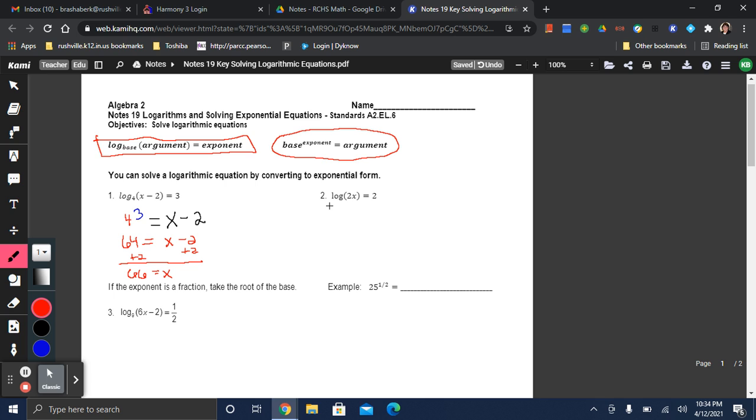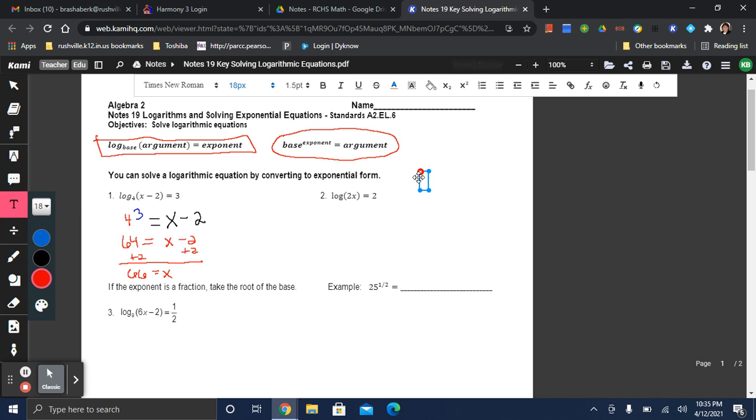All right, now, if the log base is not showing, then the base is understood to be a 10. So I'm going to write that out for you. If the log base is not showing, then the base is understood to be 10.